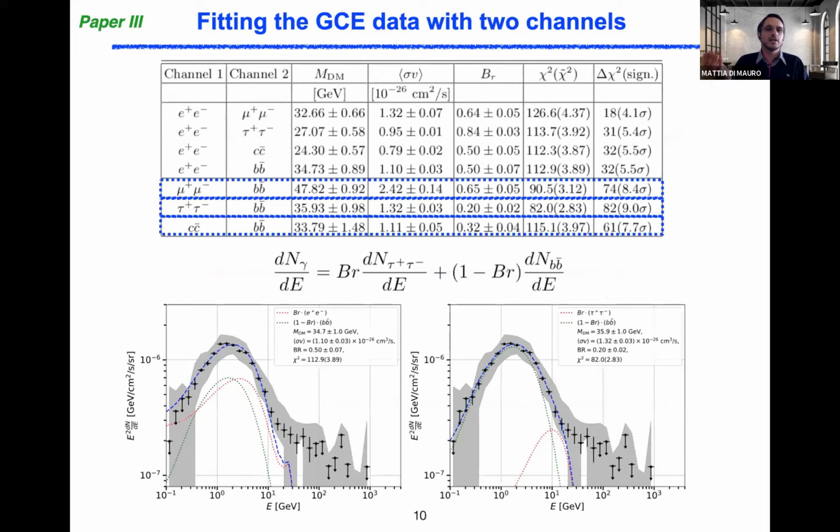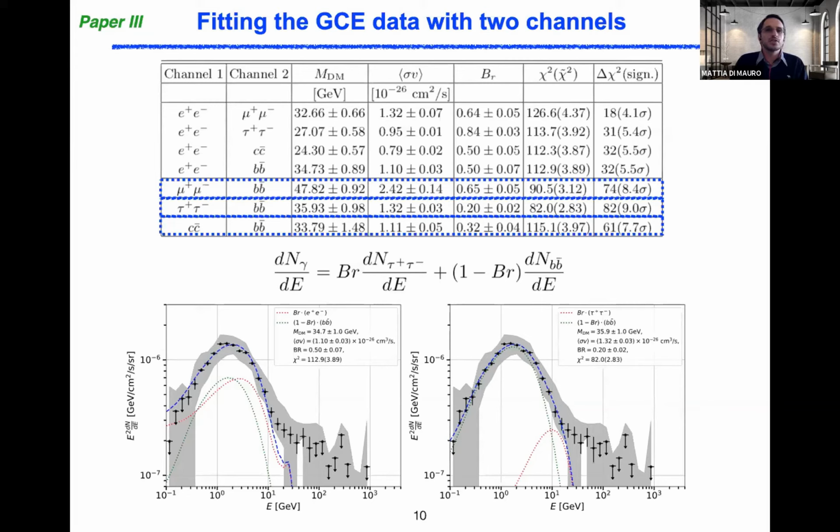For these two channels, the preferred cases are mu plus mu minus with b-bbar, and tau plus tau minus with b-bbar. That improves the fit very significantly because, as you can see in the two plots in this slide, you fit some of the high energy tail while still being compatible with the low energy tail and with the bump.